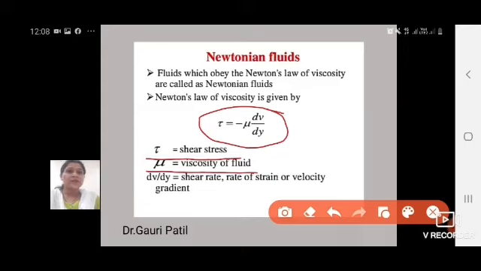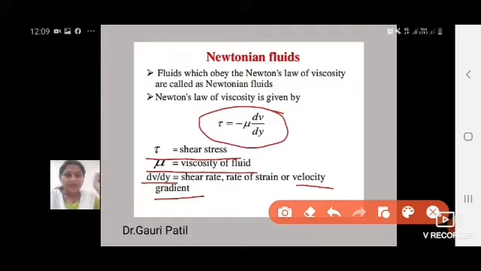We also know that dV by dy is the shear rate, or shear strain rate, which is nothing but the velocity gradient. As we know, in the fluid there are a number of parallel layers, and as we go from the upper layer to the lower layer, the velocity goes on decreasing.